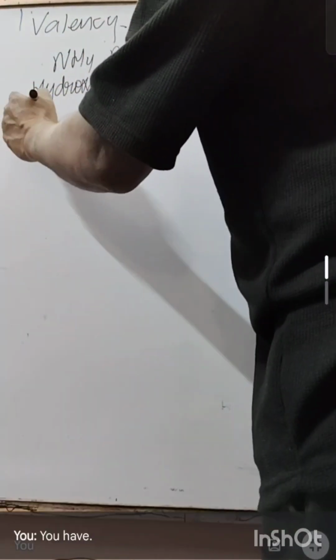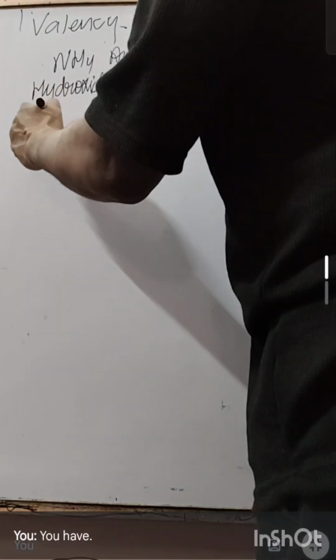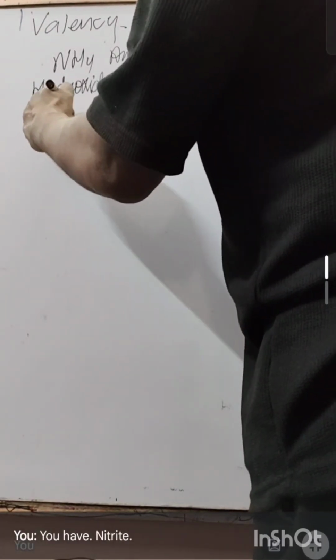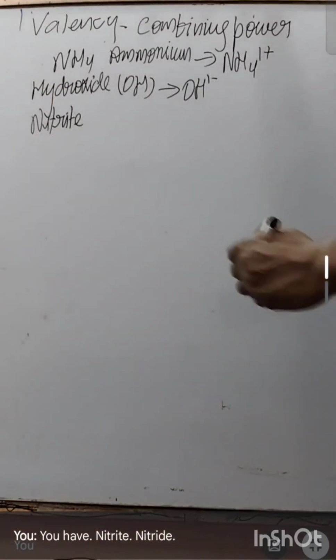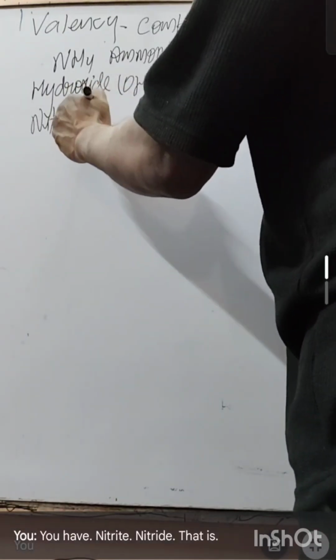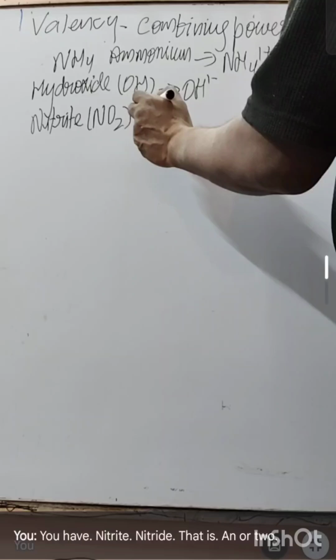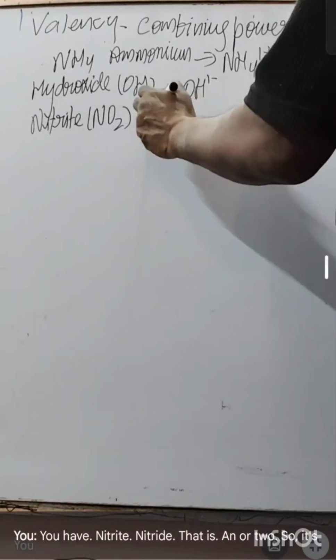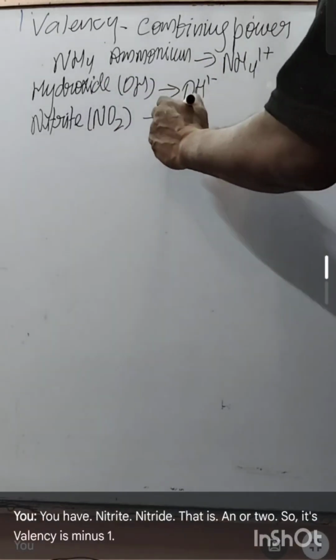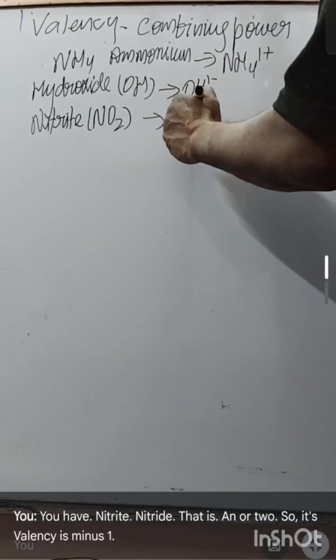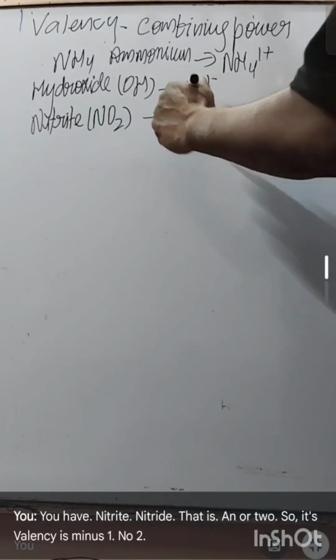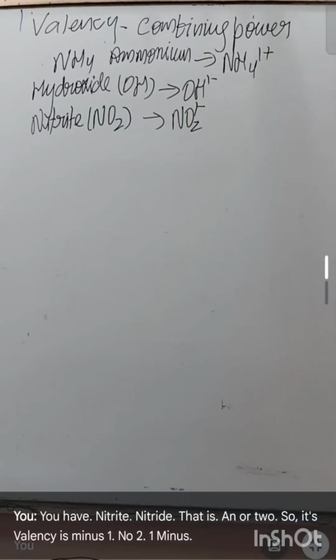You have nitrite, that is NO2. So its valency is -1. NO2 1 minus, right?